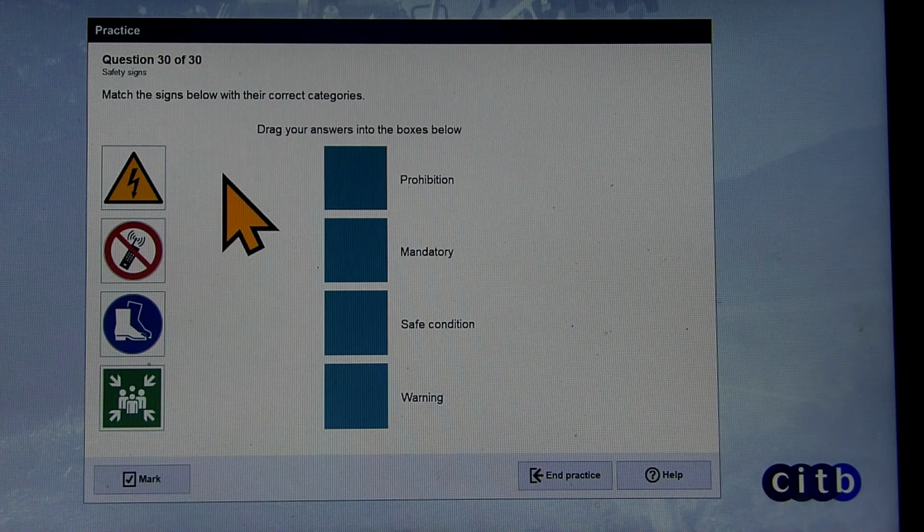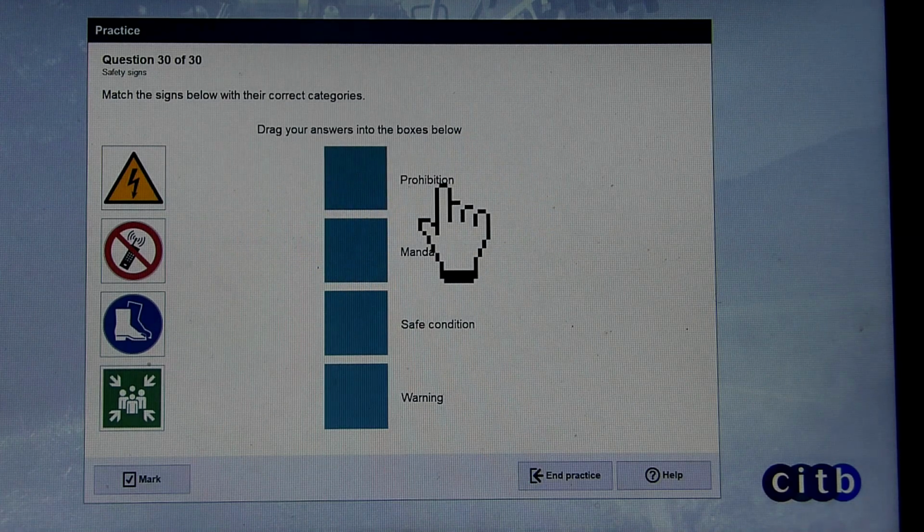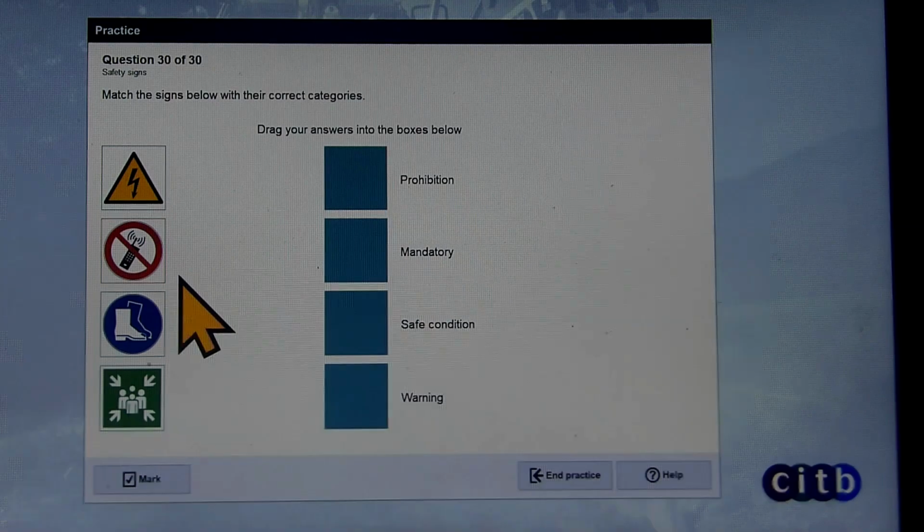Okay, the last one. Question number 30. Match the signs below with their correct categories. We need to match them. Let's drag. Prohibition is always red.